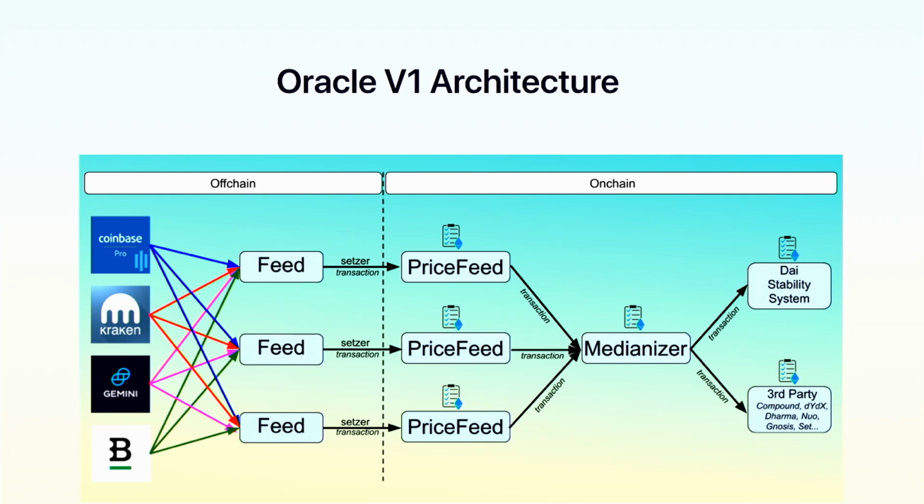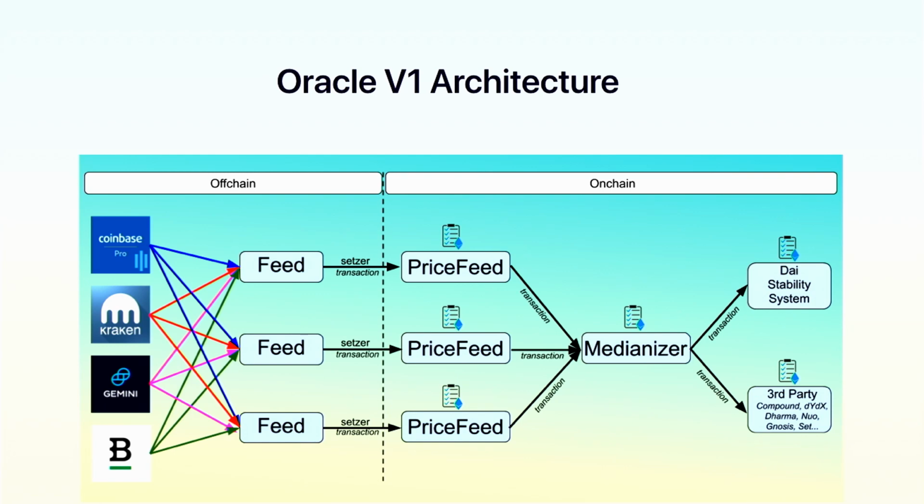You could think of it as its own personal cache. Then it would send a transaction to this medianizer contract, which would take the median of all the feeds. That medianizer is essentially the oracle for the Dai stability system, as well as all kinds of third-party applications like Compound, DYDX, Dharma, Nuo, SET protocol, et cetera.